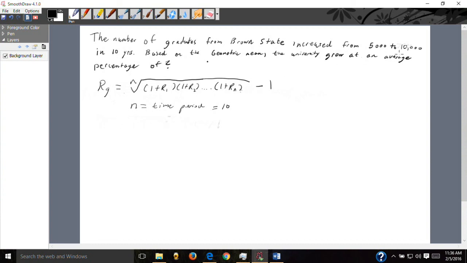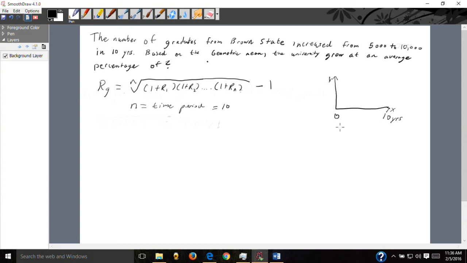Alright, so what do we do next? Well, it says that they increased from 5,000 to 10,000. If that's the case, and there's no other rates given to us, then that means that it was a constant increase. So if I were to graph this from year 0 to 10 years, this is my x, and this is my y.